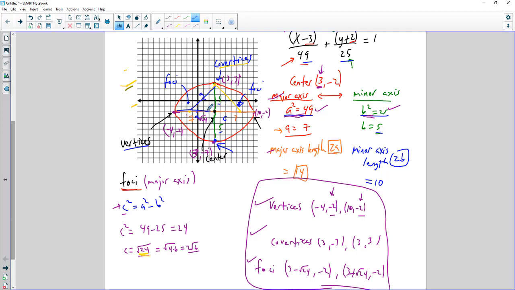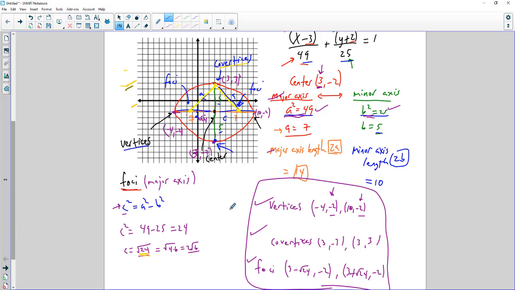So what that means then is if this part of the string is also a, so this entire yellow string that I tried to put here, if you were to lengthen it out, it would be the same length as the major axis as well. That's a property that's always true for the focus, right? So for the end of this and the end of this. So that might make more sense when you see the drawings done. So watch that video when I post it, but this is pretty much how an ellipse works.